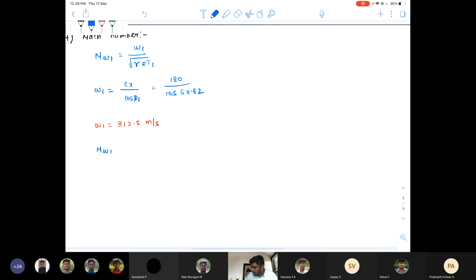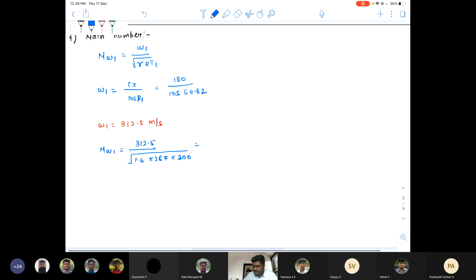M of W1 is equal to 312.5 divided by the square root of 1.4 into 287 into 300. On substitution, the denominator is 347.18 and the value of MW1 will be equal to 0.90. Therefore, we have attained the value of the Mach number at the rotor blade.